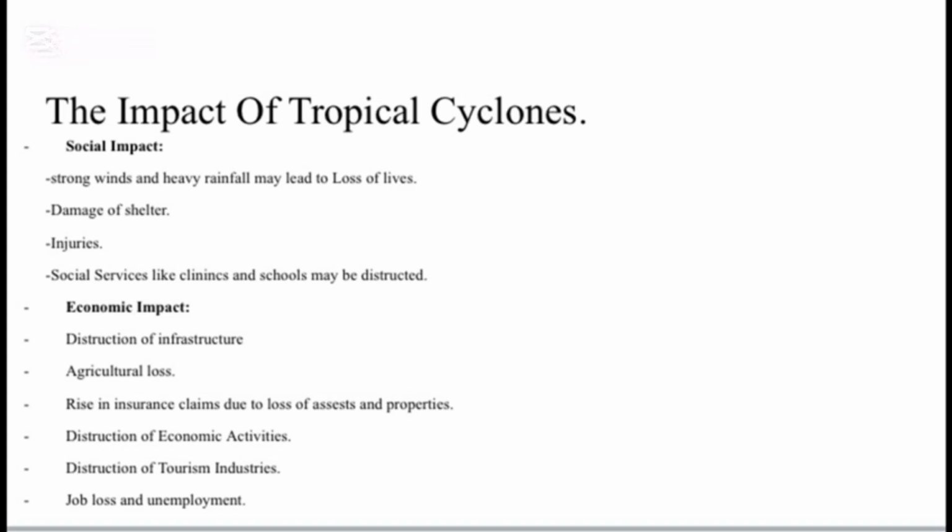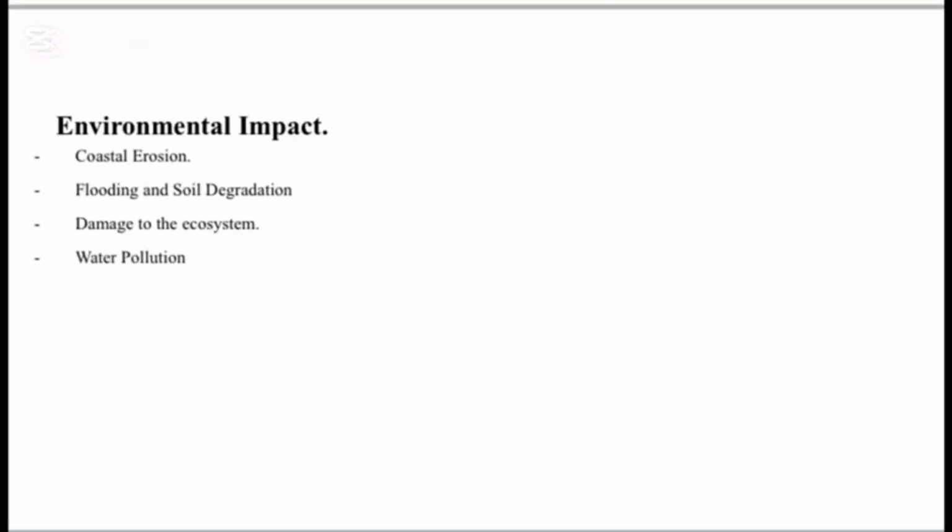Many people lose their jobs just because of tropical cyclones. So, economic impact has many points. There are also points such as coastal erosion, flooding and soil degradation, damage to the ecosystem, and also water pollution. Our water can be spoiled just because of tropical cyclones.